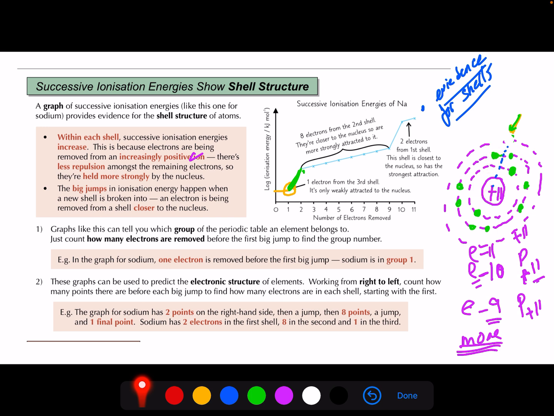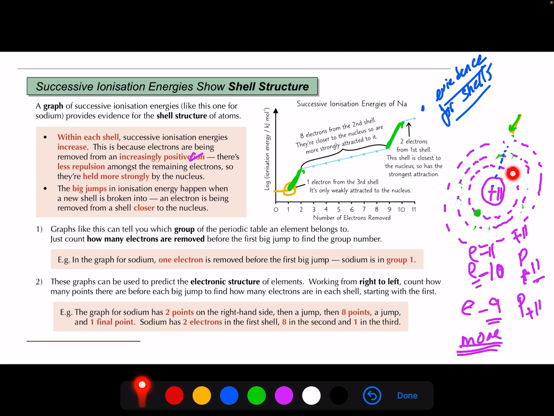Okay? And then a steady increase for the third, fourth, fifth, sixth, seventh, eighth, ninth, and then another jump. What does this jump mean? Okay, I'm just going to remove them one by one. I remove the second electron, the third, the fourth, the fifth, the sixth, the seventh, the eighth, the ninth.